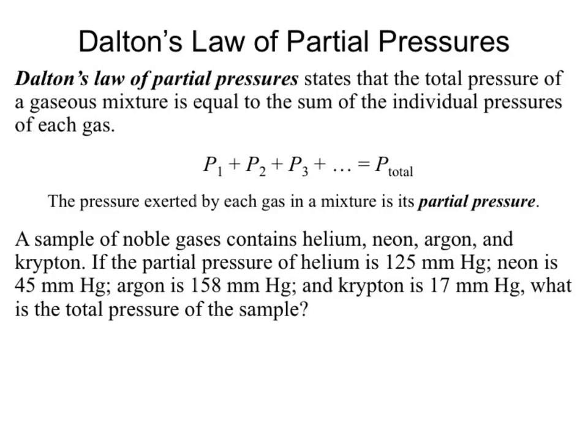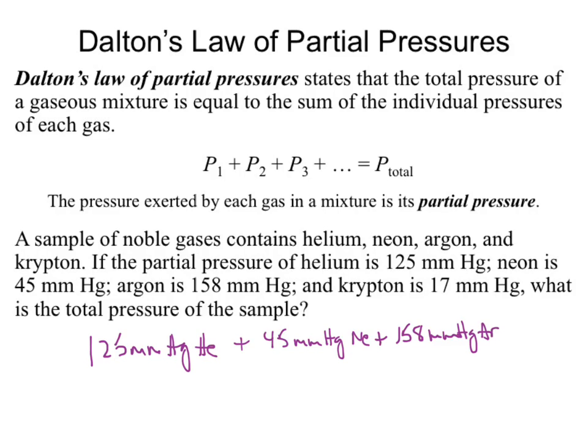So you typically see a big glut of information within this. Partial pressure of helium is 125 millimeters mercury, plus, I need all the numbers, neon is 45 millimeters mercury, plus, oh my gosh, there's way too many gases in this, 158 millimeters mercury for argon, 17 millimeters mercury for krypton.